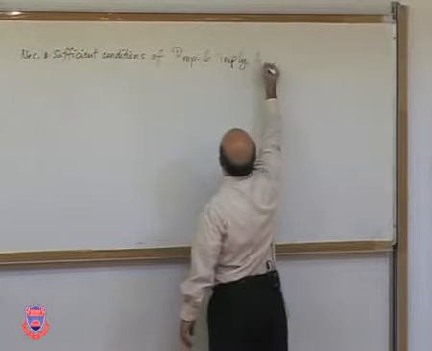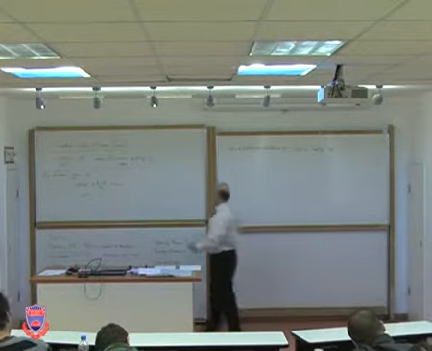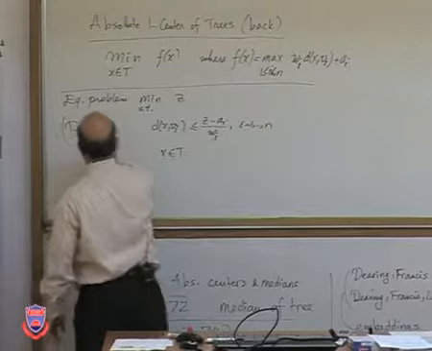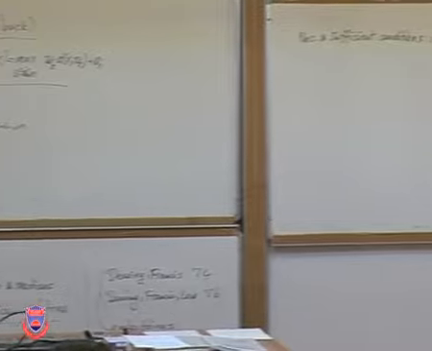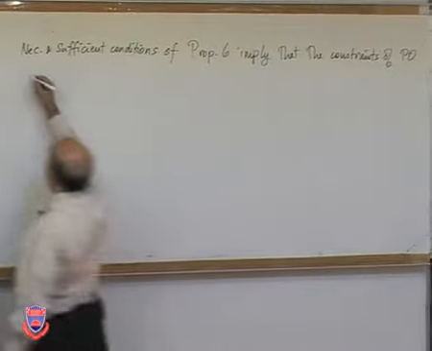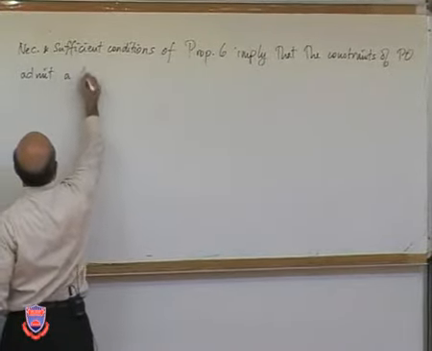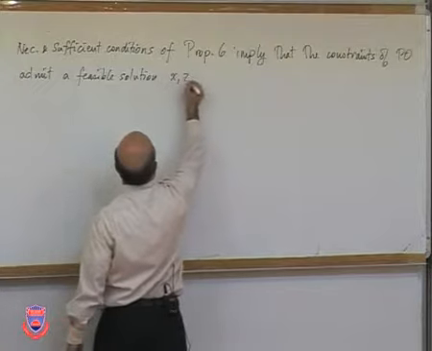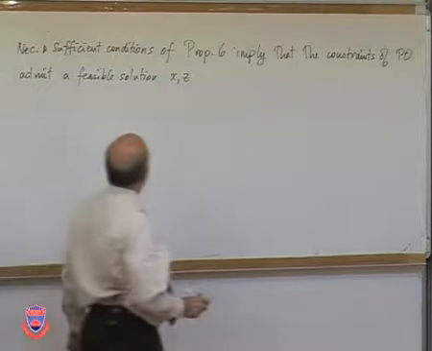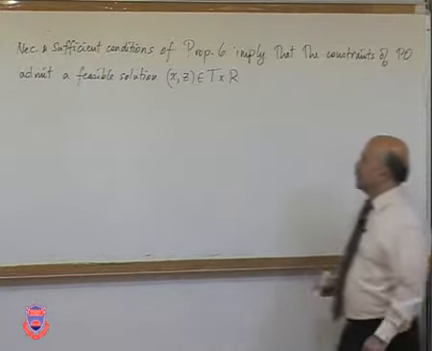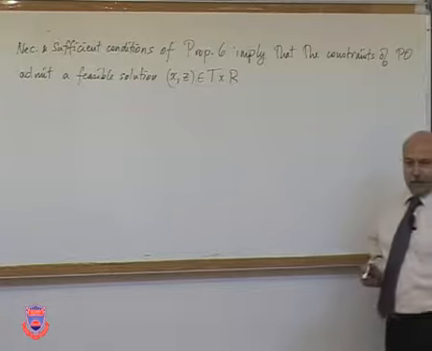The necessary and sufficient conditions of property 6 imply that the constraints, let's call this P0, the constraints of P0 admit a feasible solution x and z, x in T, z in R, T cross R. It's not an x, it's a cross product.